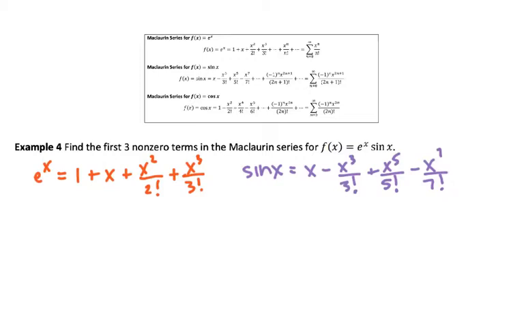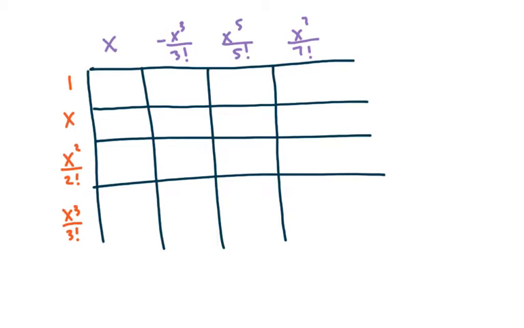So we're going to do literally what it's asking us to do, which is to multiply these two things. So for e to the x sine x, we're thinking of those pieces being multiplied. You might need scratch paper to think through what this would look like, because we are doing a lot of distribution here, but we really only need what will be our first three non-zero terms.